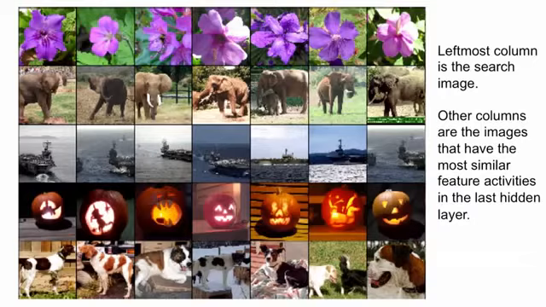Similarly with the aircraft carrier, we retrieve other images of aircraft carriers that are very different. So we anticipate that if we could reduce these activity vectors to short binary codes, we would have a fast and effective way of retrieving similar images just by the content of the image. We'll see in Lecture 16 that we could actually combine the content of the image with the caption of the image to get an even better representation.